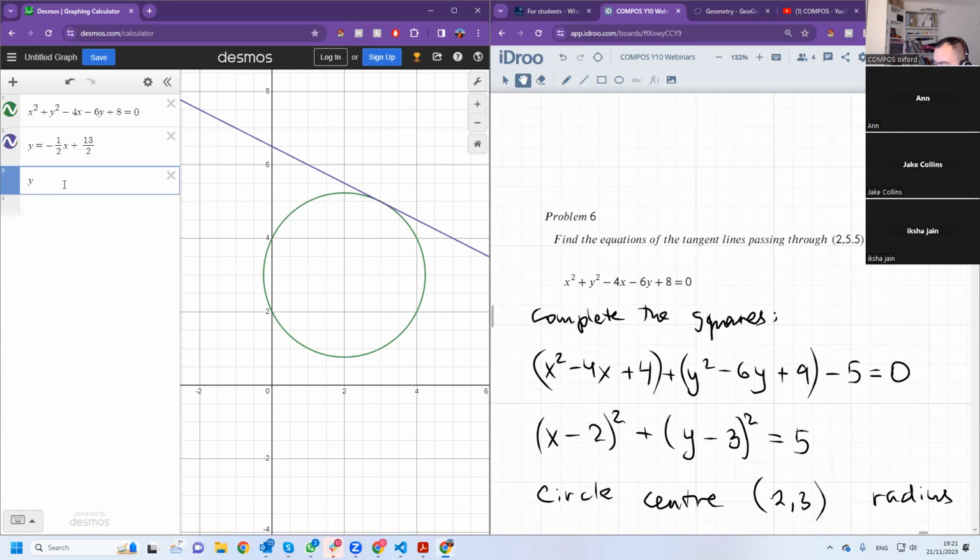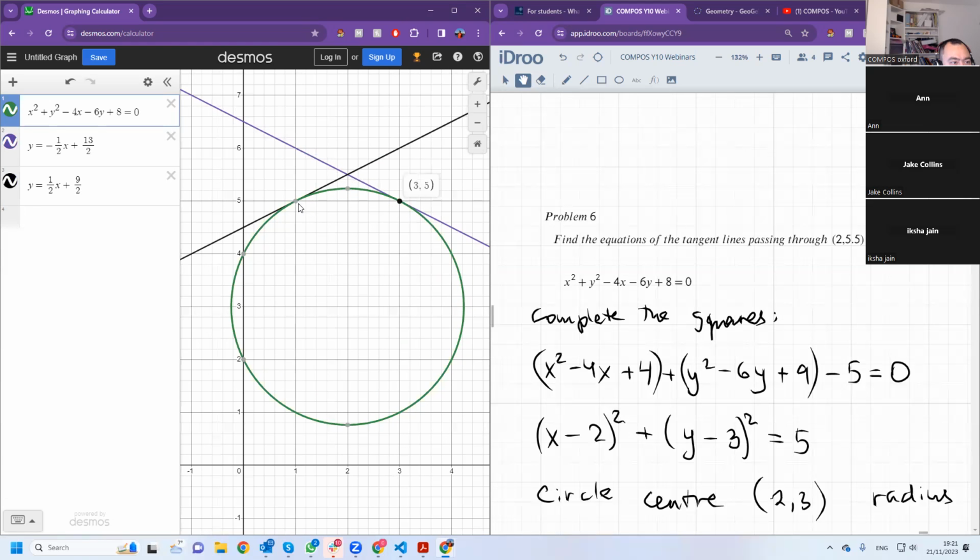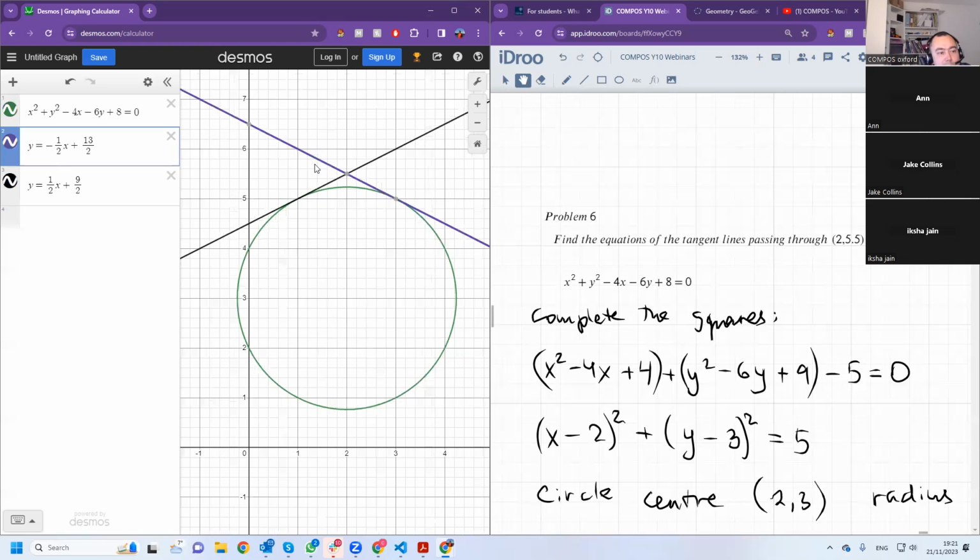And y is equal to 1/2 x plus 9/2. Which just is very satisfying. Okay, Desmos doesn't like dots. Okay, 3, 5, 1, 5, 2, 5.5, and I think, yeah, it just works.